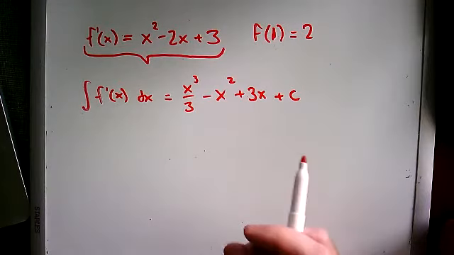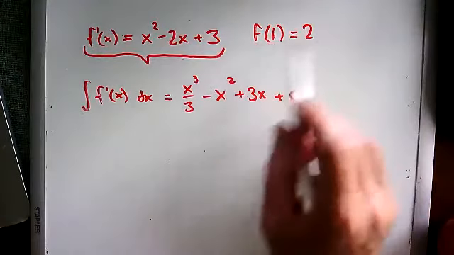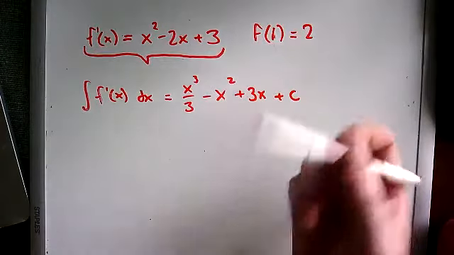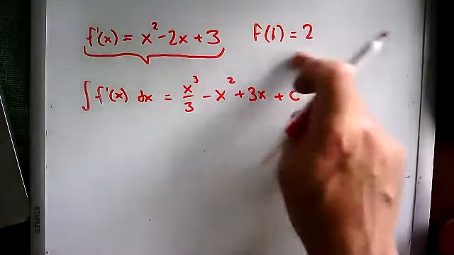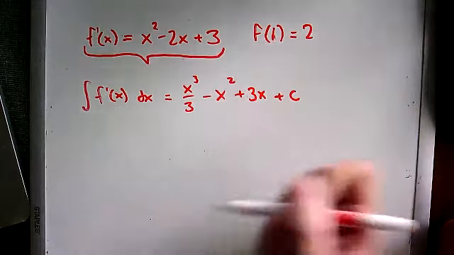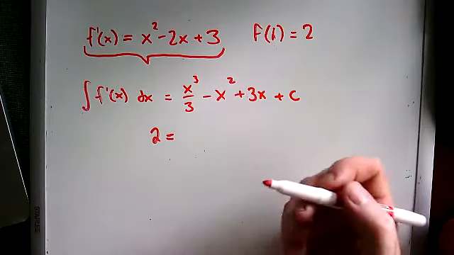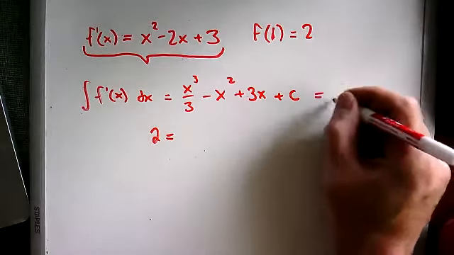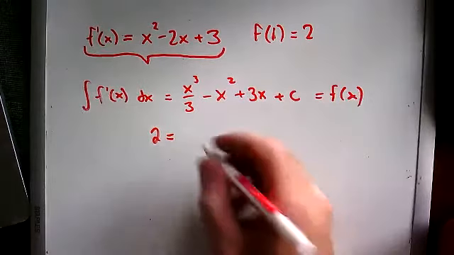Now of those infinitely many functions, there's only one that's going to fulfill this criteria here, that f of 1 equals 2. So what we're going to do then is solve for the constant c that makes this true. What this is saying is, when we let x equal 1, y will equal 2. So let's take our entire function, f of x, and set it equal to 2 and let x equal 1.